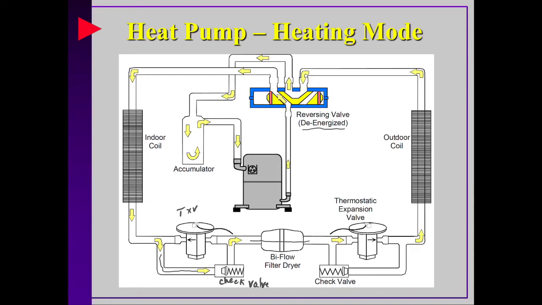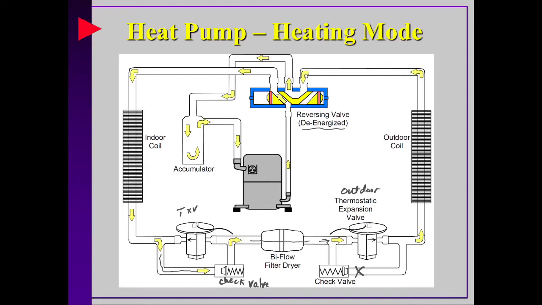Now in this particular one, the check valve is closed, you'll notice, and it will not let the flow through here, and it has to go through the TXV. So this will now be the outdoor TXV, the outdoor metering device. Now in our lab systems, some will be TXV and some will be fixed orifice.